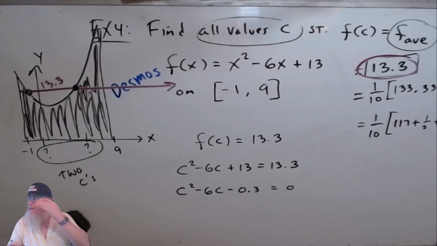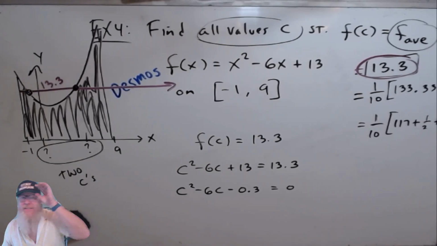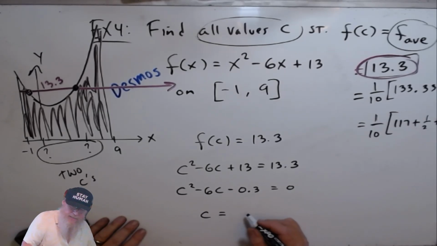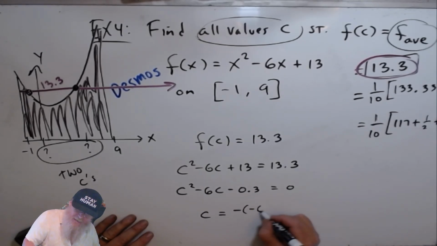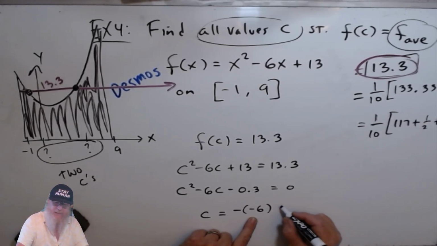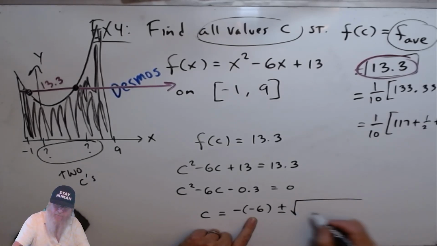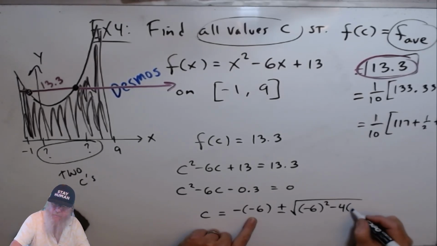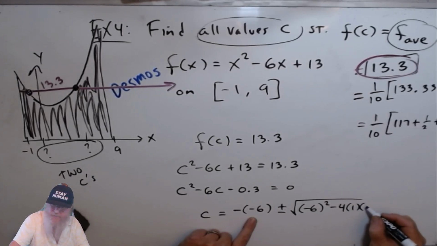It says round to the nearest tenth again, so C is going to be negative B, negative 6, a little algebra review, plus or minus the square root, negative 6 squared minus 4 times A times C. Hope I'm not going too fast.